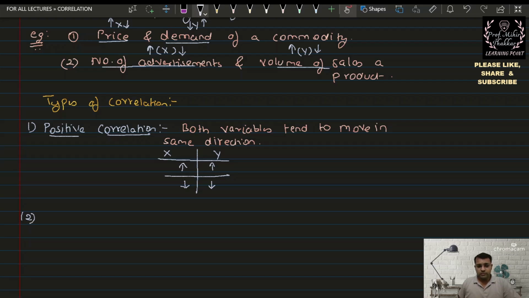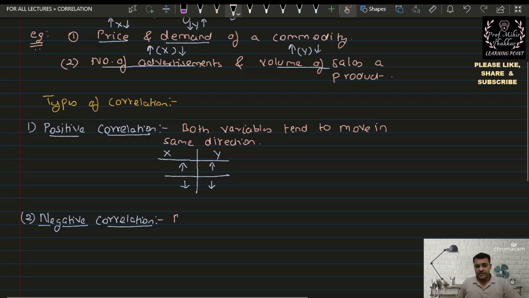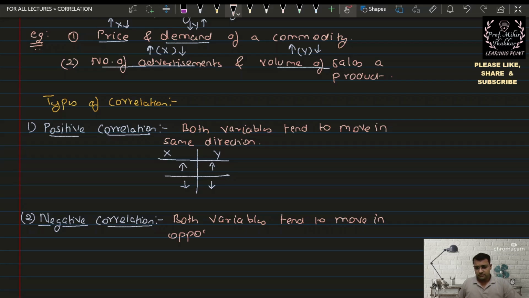Whereas if you talk about the second case, negative correlation, so in this case both variables tend to move in opposite directions.